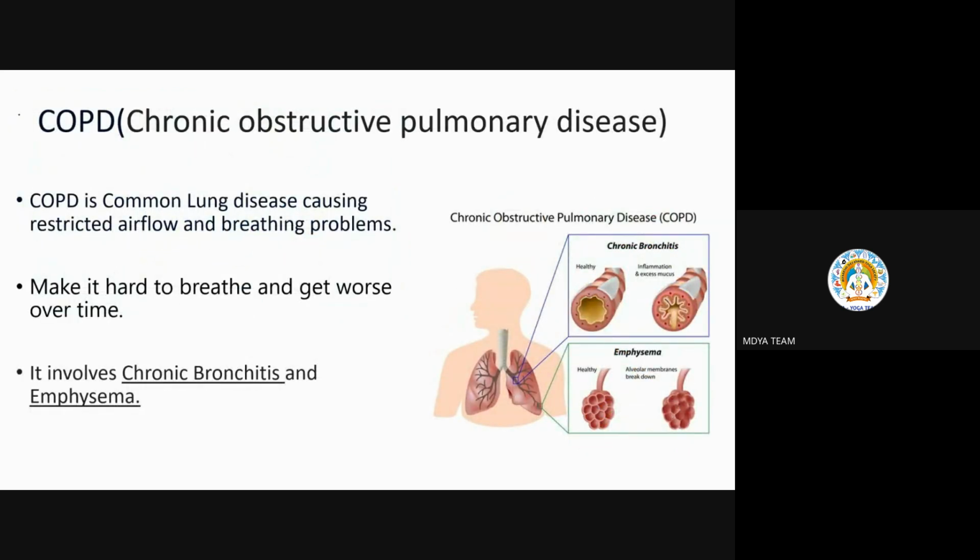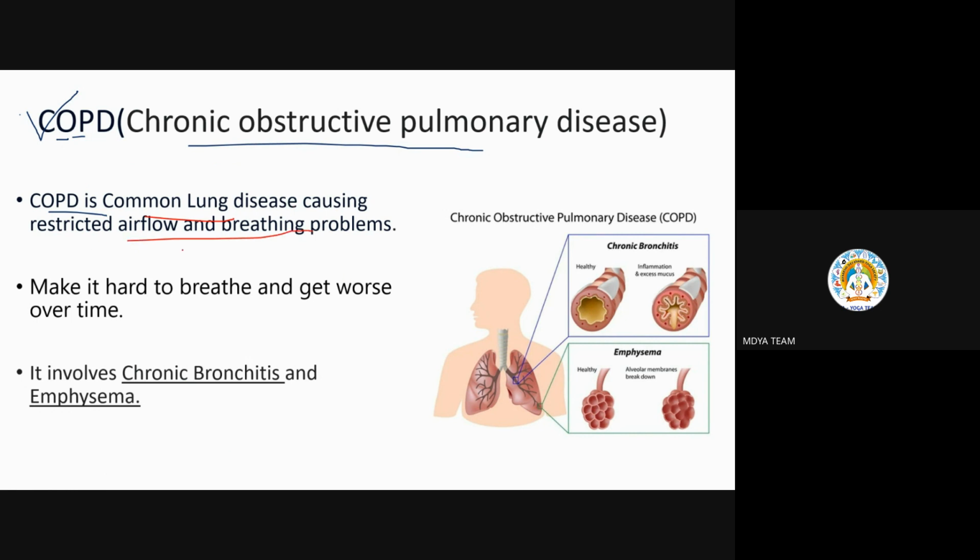So now, to understand chronic bronchitis, first we'll go with COPD. What is COPD? COPD is chronic obstructive pulmonary disorder or disease. This is not a single disease, but a group of diseases. COPD is a common lung disease causing restricted airway flow and breathing problems.